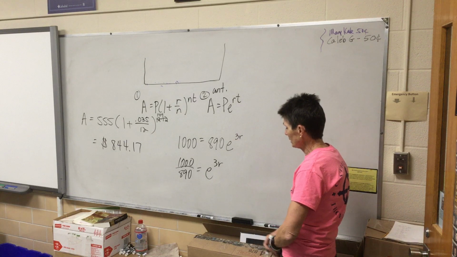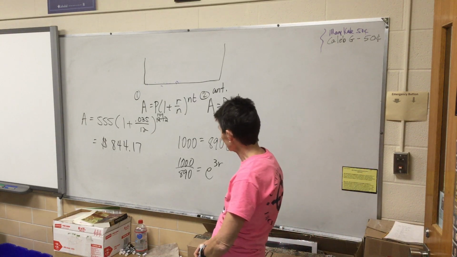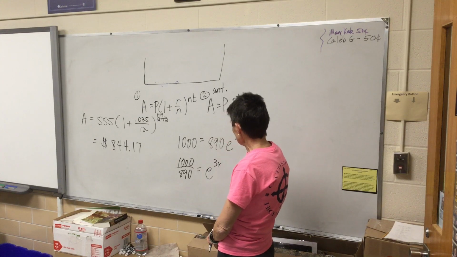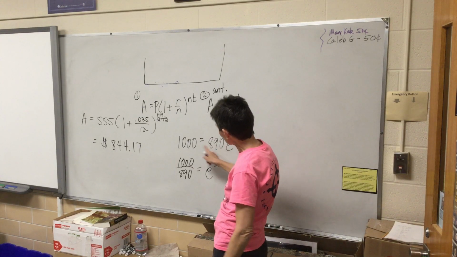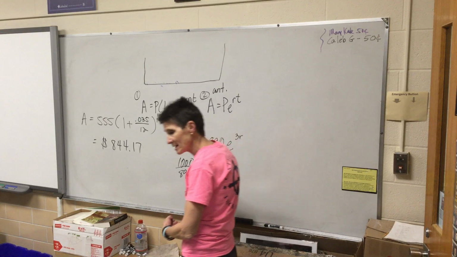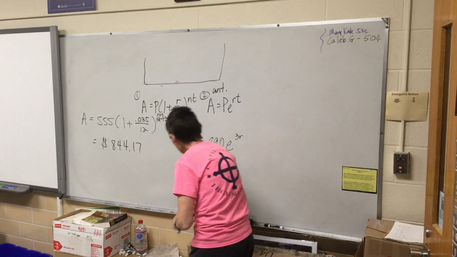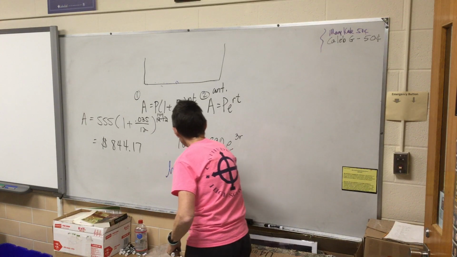I'm going to go to my calculator in a second. Certainly, I could cancel out a couple zeros. Now, since I got rid of that number, there's an E sitting there all by itself. So we'll take the natural logarithm of both sides.